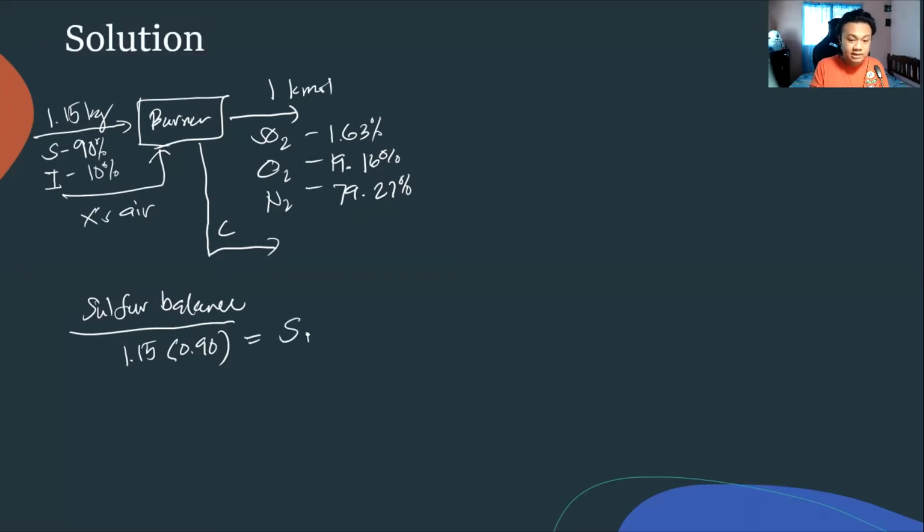So SNC, so sulfur in cinder. We don't know that yet. SNC plus we have the sulfur here also. So this is just a sulfur balance, and then we have 1 kmole, diba? So that's 1,000 moles of gas.